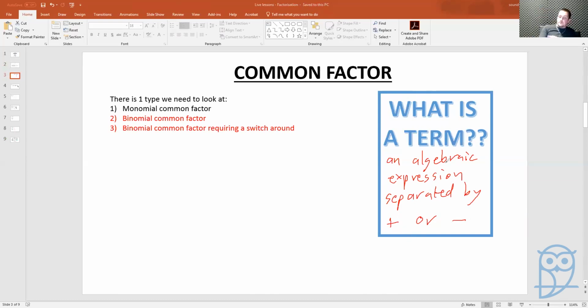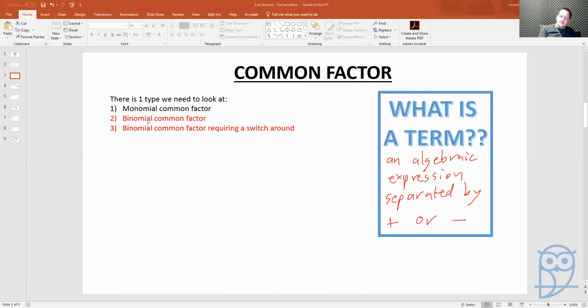This is very important because this is going to enable us to know how many terms we have, how many terms we're going to end up with, and how many terms are going to be in our brackets.